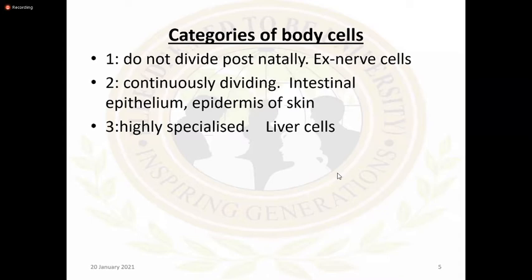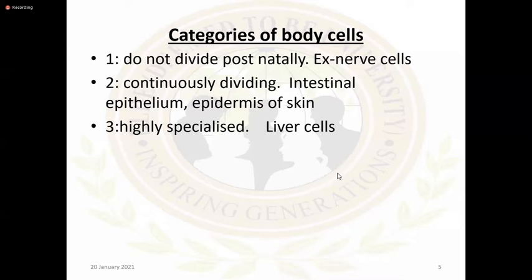Then what happens? The liver takes up the function of cell division. That means it has the capability of undergoing mitotic division so that newer hepatocytes are produced and they replace the dead ones. So the liver is a classical example of this.